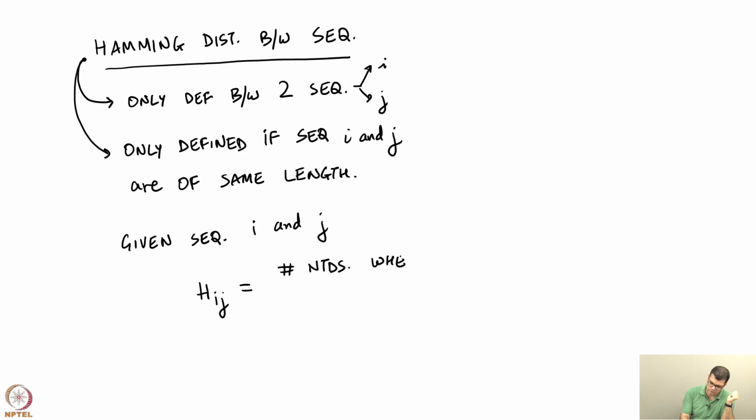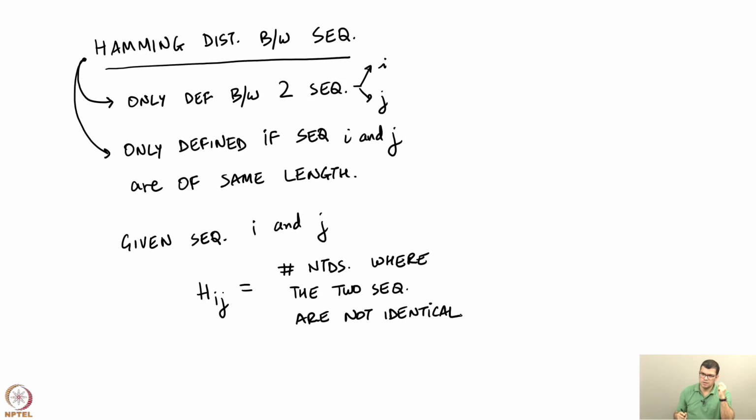where the two sequences are not identical. What does that mean? If my sequence i is AA and sequence j is AT, then Hij is simply equal to, at what position are these two sequences not the same?